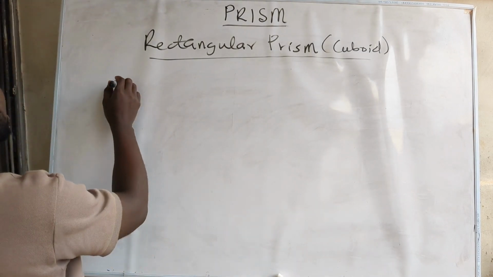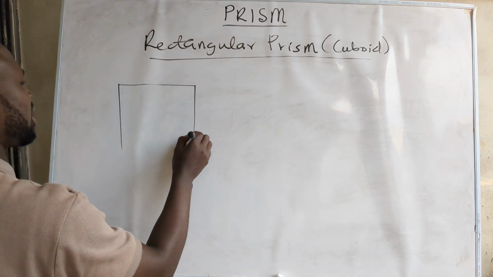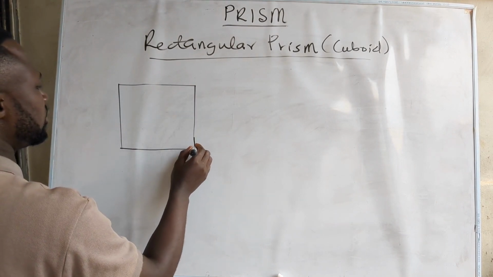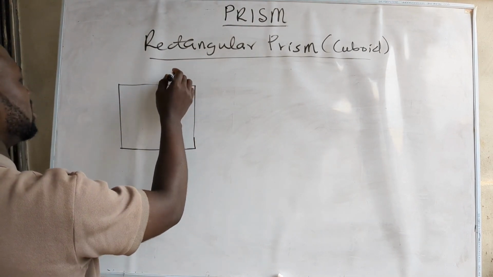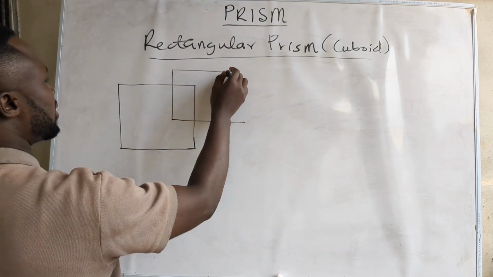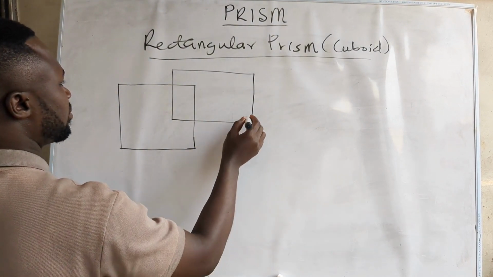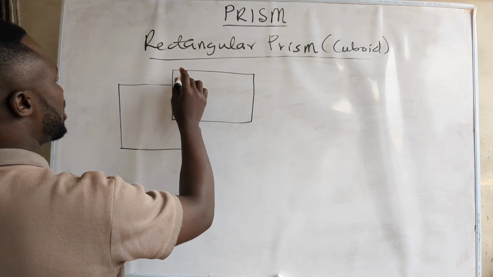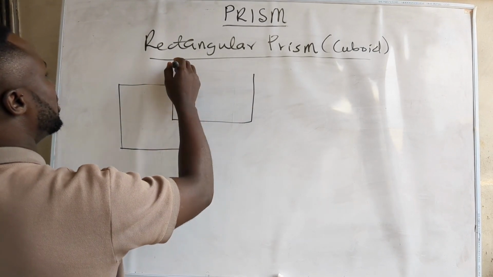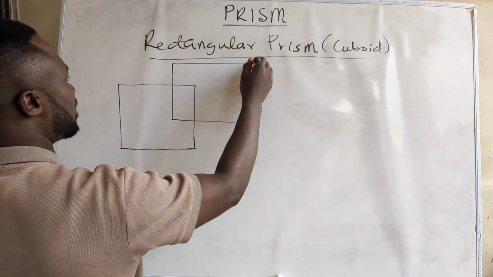So let me draw my rectangular prism. We are going to look at the volume, and then the total surface area.